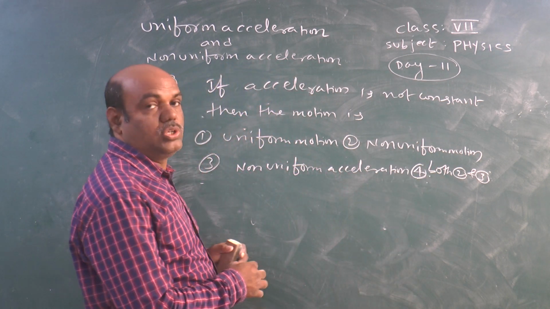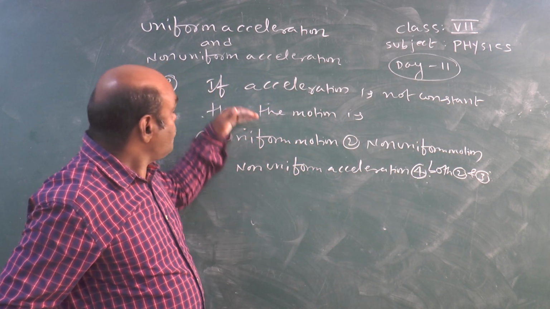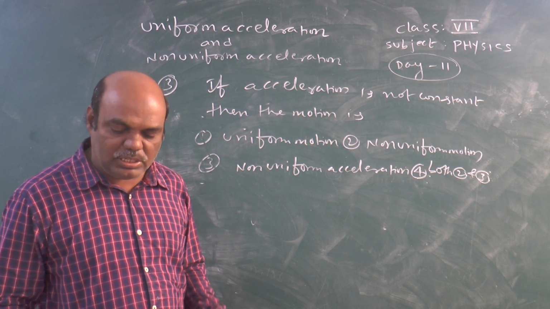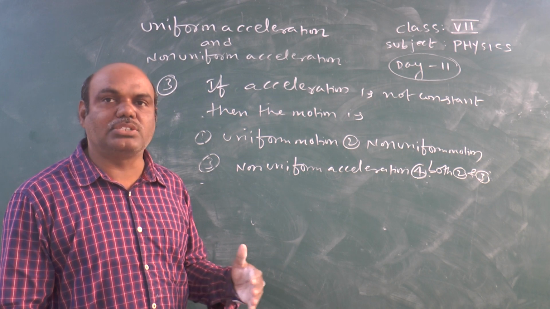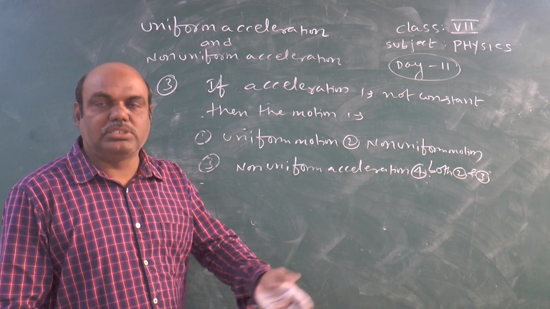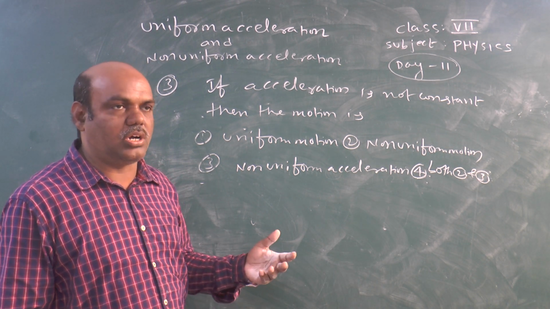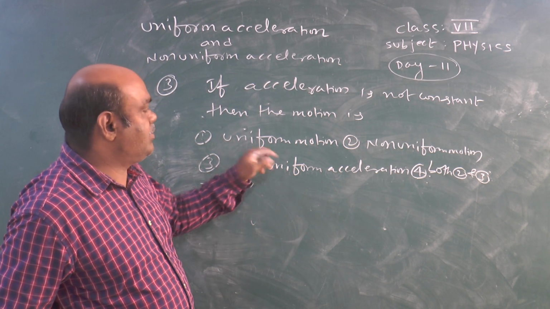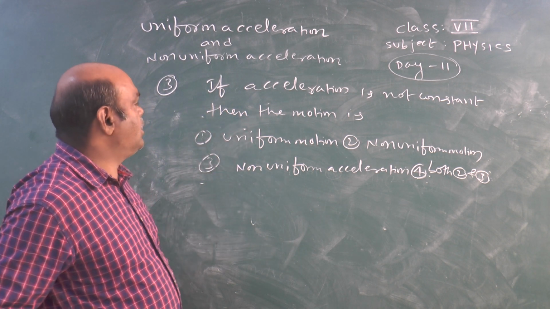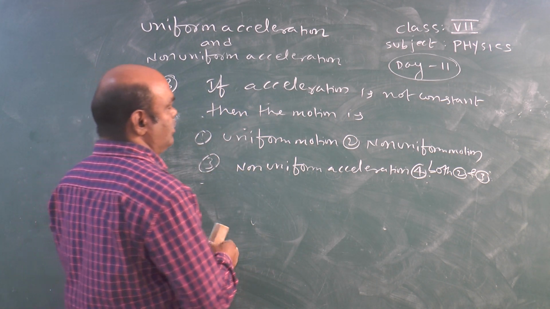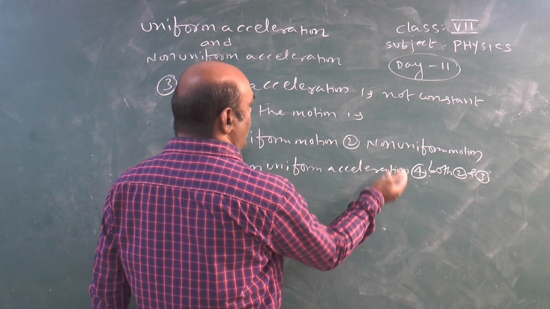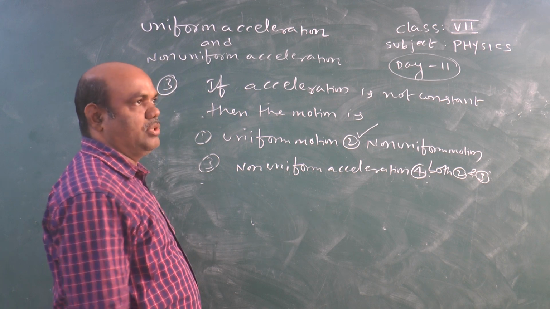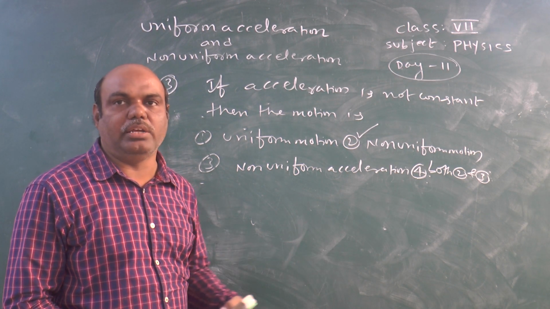If acceleration is not constant, it means the acceleration is variable. Variable acceleration we also call non-uniform acceleration. Then that motion is definitely non-uniform motion, because from time to time the velocity of the body changes.